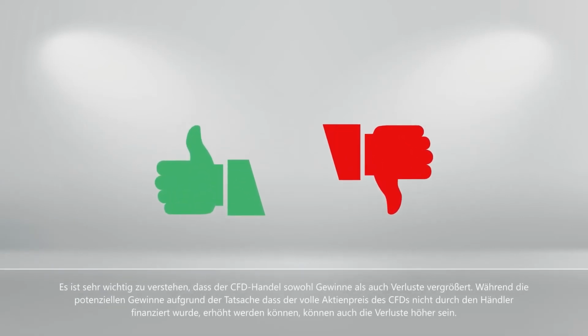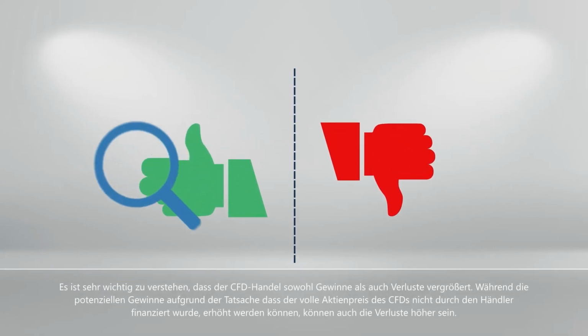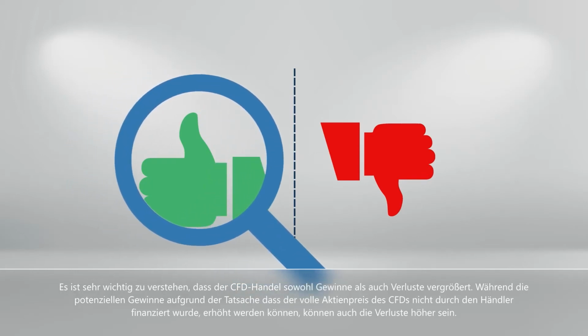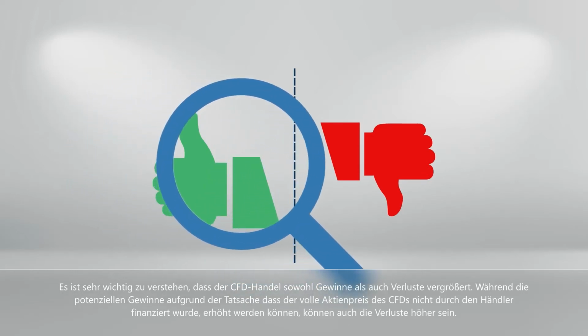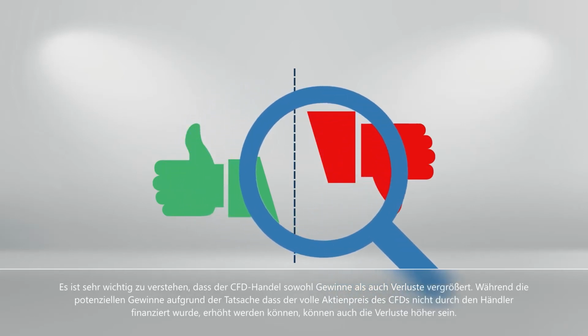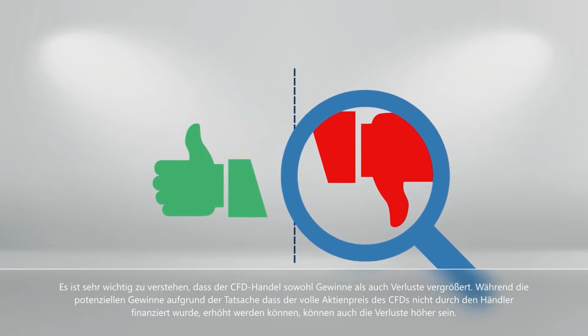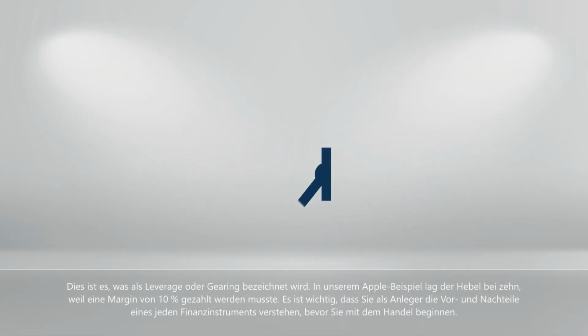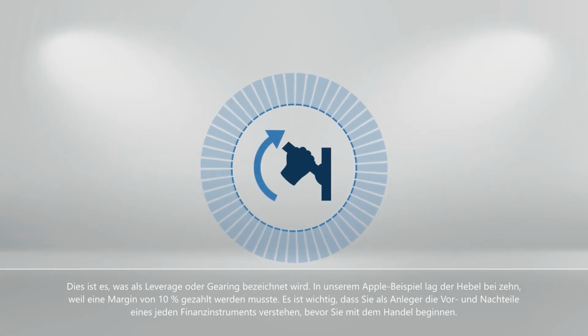It's very important to understand that CFD trading magnifies both profits and losses. Whilst potential profits can be increased due to the fact that the full stock price of the CFD position has not been funded by the trader, losses can also be higher. So this is what is referred to as leverage or gearing.